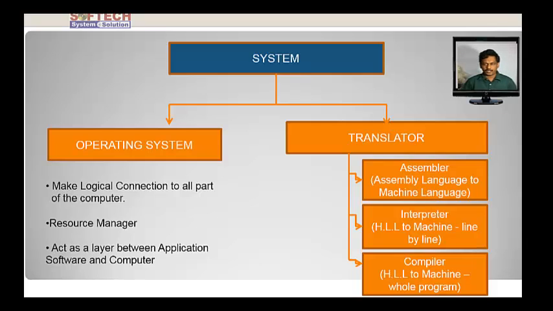Just like our humans and animals. A dog has an operating system already loaded at the time of birth. That operating system only knows about the parts of the dog.